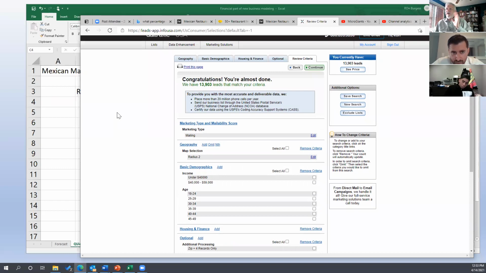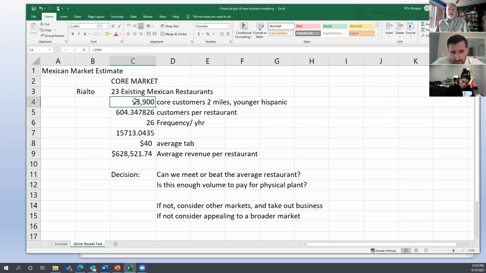So we put that whole thing together, and then you say hit price, and it comes out 13,903, and that's where this number comes from. So we're going to say, okay, our core customers within 2 miles, younger and Hispanic, and it could be anything, but we'll say that's what that is. Now the next issue is, well, okay, how much business is that per restaurant?